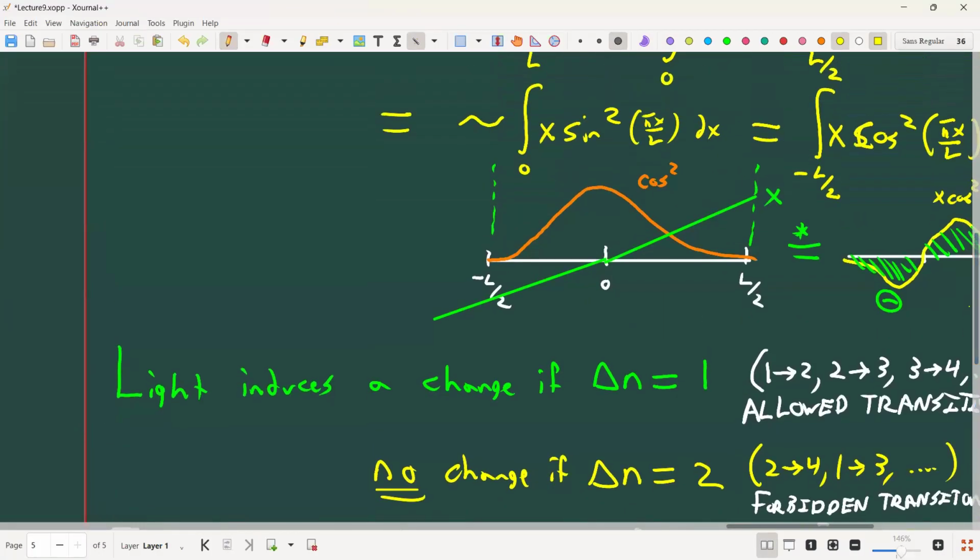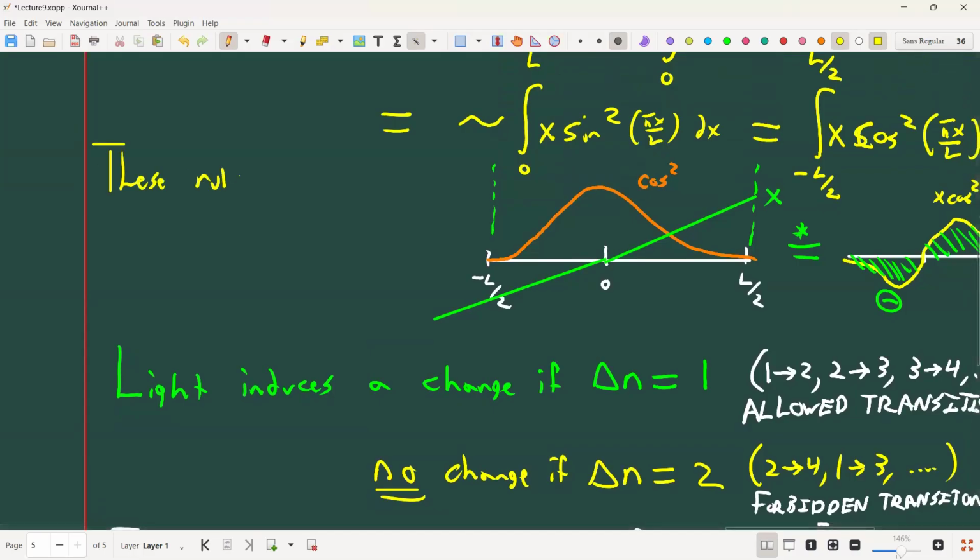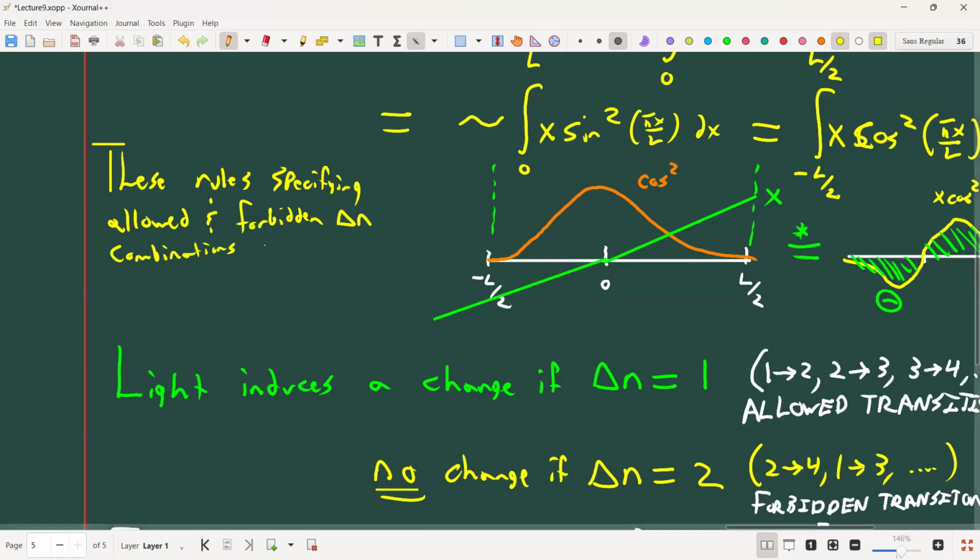And so just one more final piece of jargon is that we have now shown that there are certain combinations of levels that are bright and certain combinations that are dark. And these rules specifying allowed and forbidden delta n combinations are called selection rules.